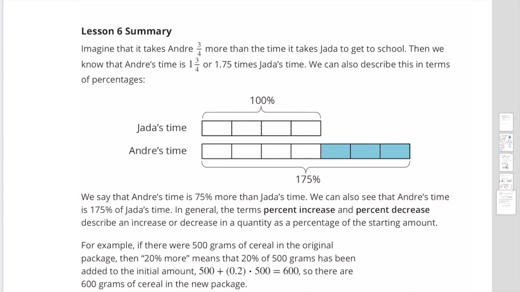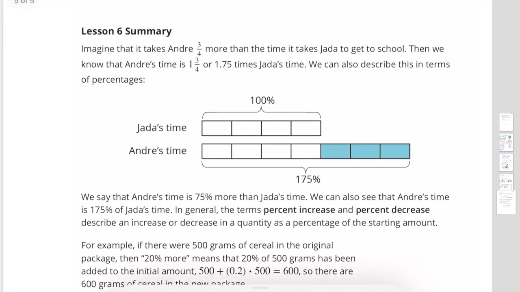Okay, lesson 6 summary. Imagine that it takes Andre 3/4 more time than it takes Jada to get to school. So we know that Andre's time is 1 3/4, or 1.75 times Jada's time. We can also describe this in terms of percentages. So if Jada's time represents my 100%, Andre would represent 75% more, which is 175%.